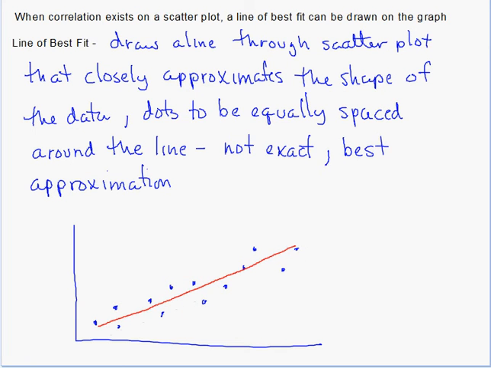Probably about like that, because to me, that line seems pretty evenly distributed between the dots. And then this line is what can be used to make predictions. So that line is what we call the best fit.